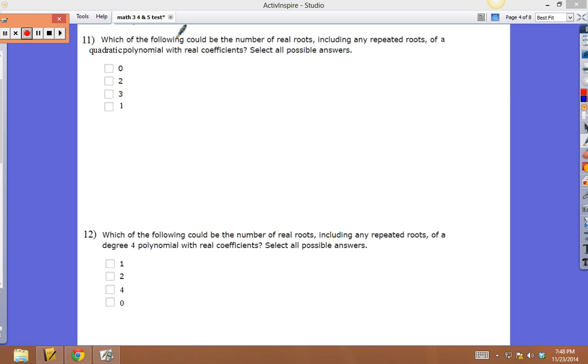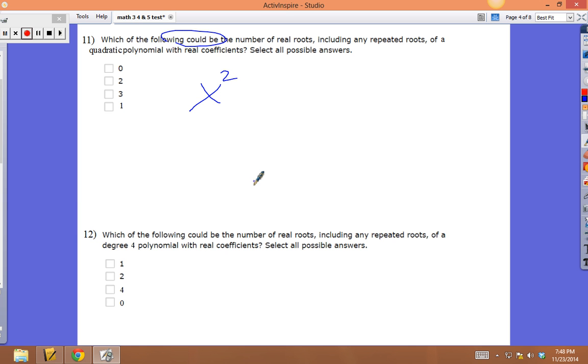11. Okay, what could be the number of real roots or zeros? A quadratic is degree 2, so it's a polynomial. All you have to remember is this: the imaginary roots come in pairs. They come in conjugate pairs. If it's a quadratic, that means there's going to be two roots.